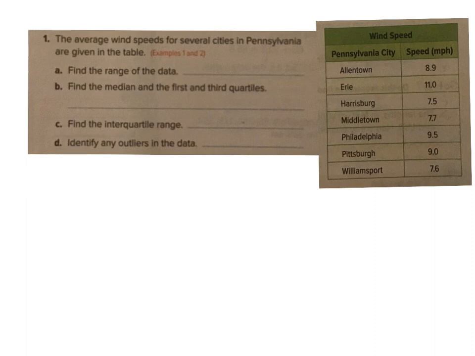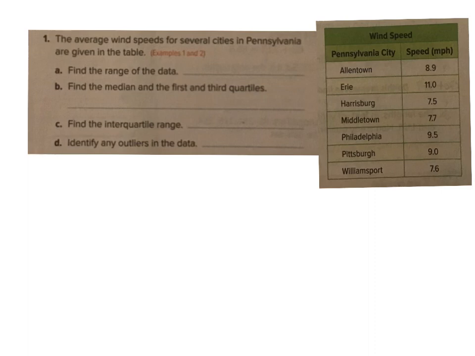If we go to Allentown, it's 8.9. Erie, it's 11. Harrisburg, 7.5, and so on. So we have all these cities and their average wind speeds.